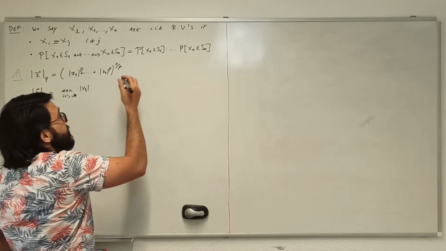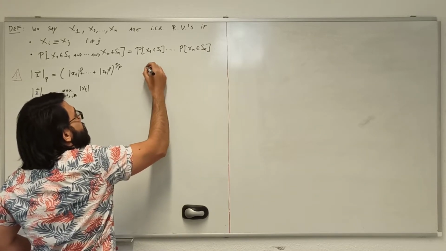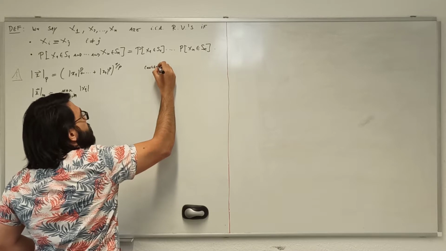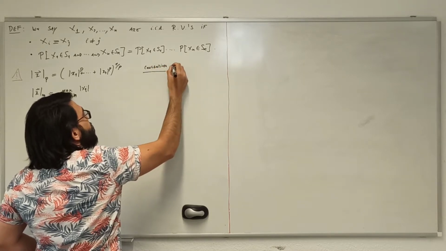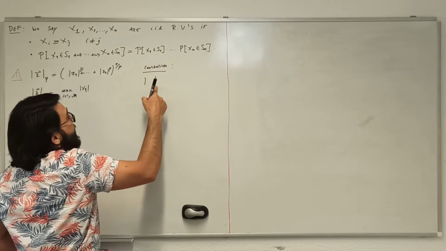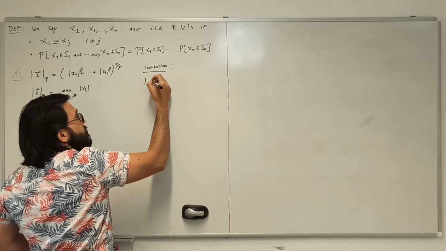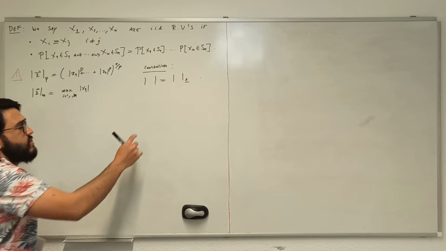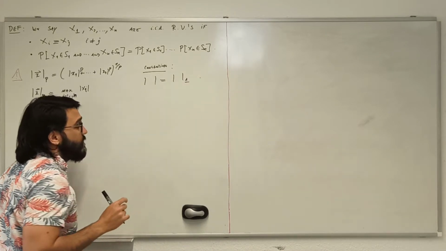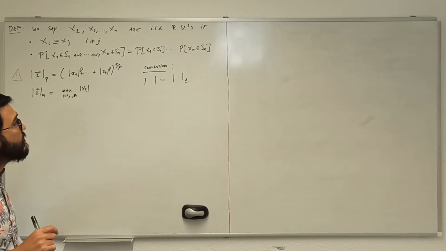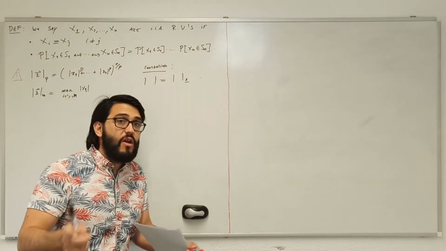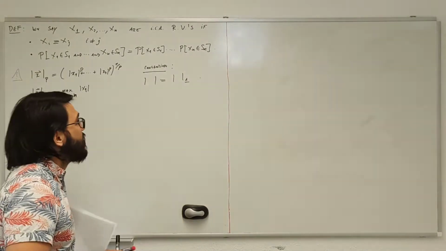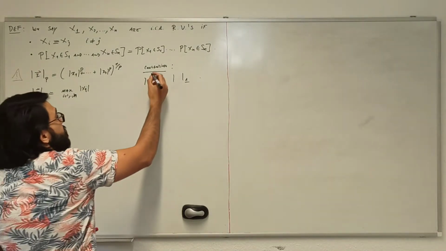So we'll make the convention that this norm without any subscript just means the one norm, which means it's just the sum of the moduli of each entry. And whenever I use any other norm, I will explicitly say so. Okay, so that's the convention.